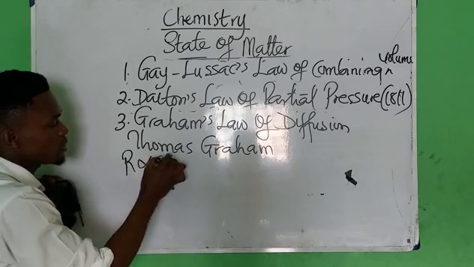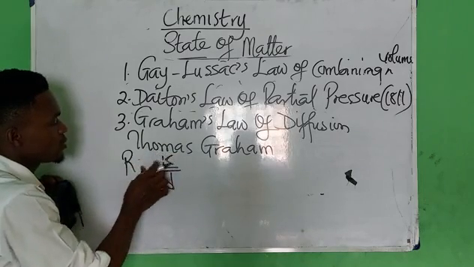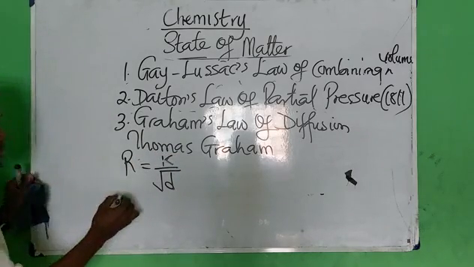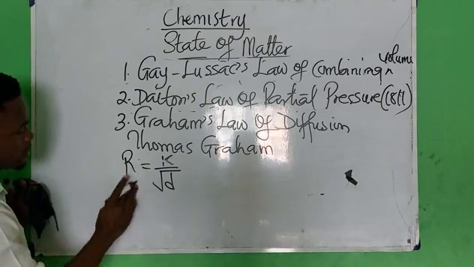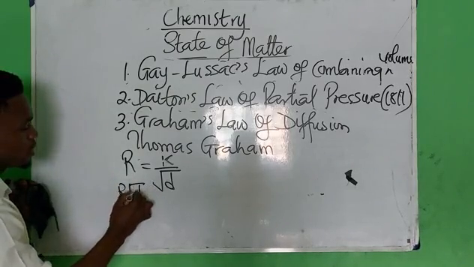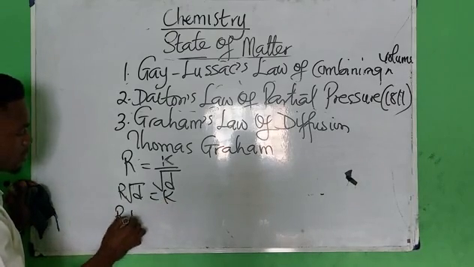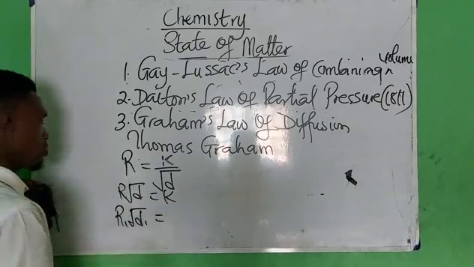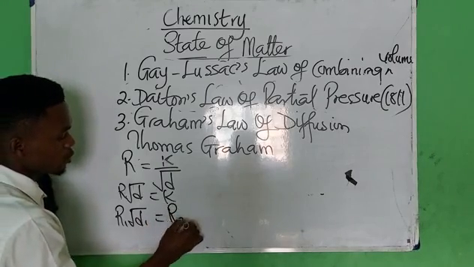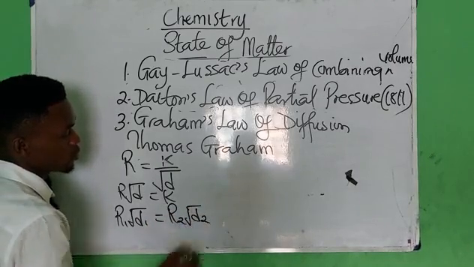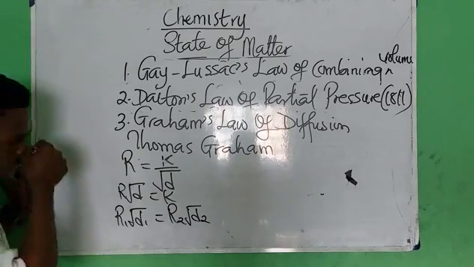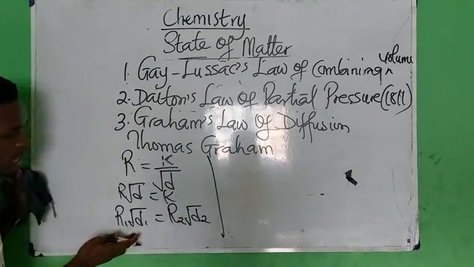It means that r times the square root of d equals k. It means that r1 times the square root of d1 equals r2 times the square root of d2. Don't you think so?